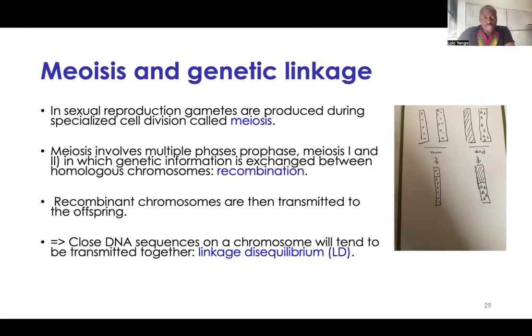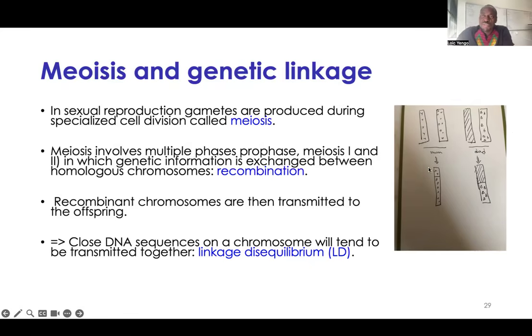What is important to notice in that process is that recombination happens such that blocks of chromosomes are transmitted together. If you look at, for example, the maternal chromosome here, we have this part and this part, those two crosses.